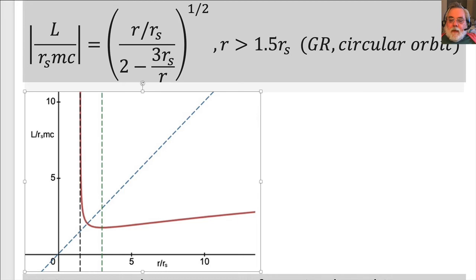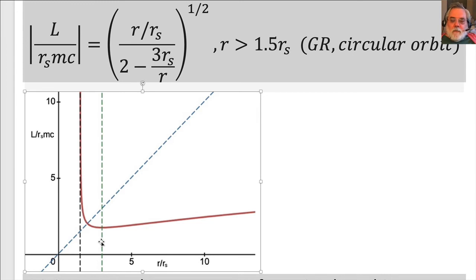There is a minimum value for the general relativity curve here for circular orbits, unlike the Newtonian result. In the Newtonian case, there's a minimum when you get to the surface of the object. For the black hole, there is no surface.